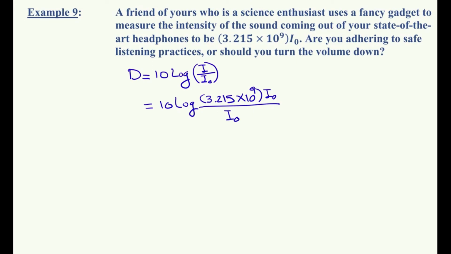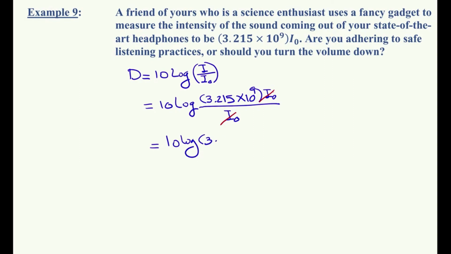Notice this always happens because we always give the actual intensity of the particular sound as a multiple of the threshold intensity, and we have the threshold intensity in the denominator too. These are always going to cancel out.